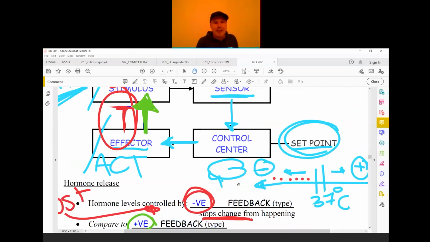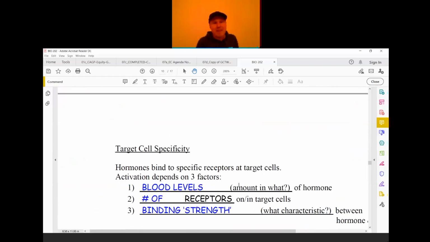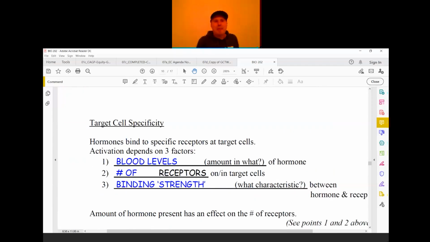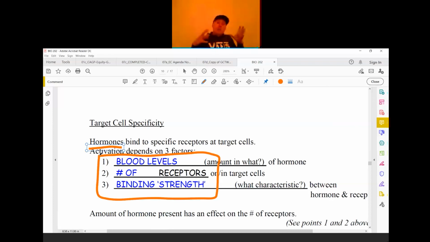So that's where we got there. And let me see if there's anything else important that we should say. The next one is probably pretty self-explanatory. If you have some sort of a response to a hormone, that response depends on three things: what kind of a response we get. It depends how much of that hormone we have in the blood, and also how many receptors we have for that hormone.